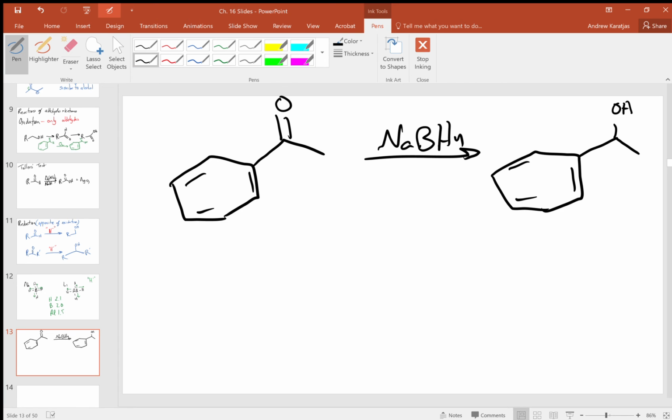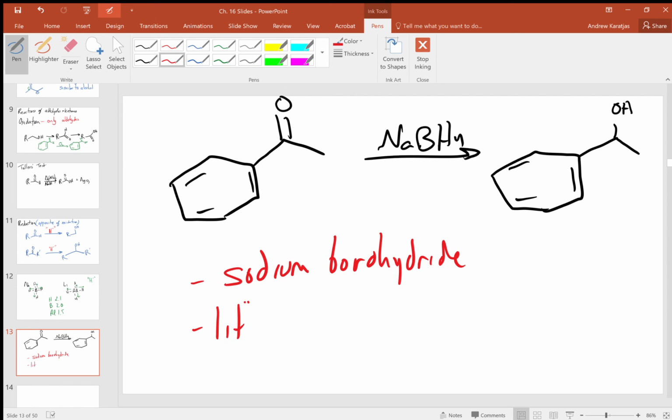Now, does it matter which one you use? Does it matter if you use the first one, sodium borohydride, which I have pictured here, or the other one, lithium aluminum hydride? In the long run, it doesn't really matter for aldehydes and ketones.